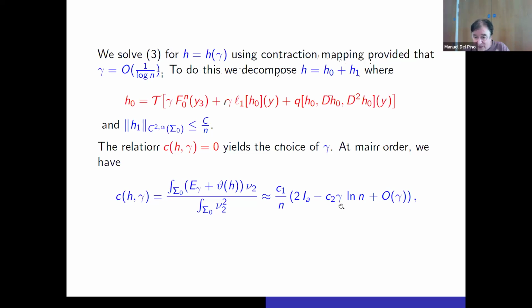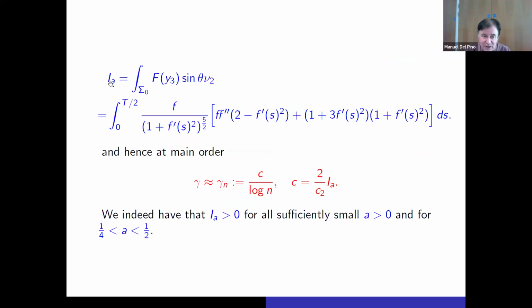Then gamma, which has to be a positive number, is computed simply as the guy annihilating this thing here. And you need that IA is positive so that gamma is positive, okay? And this is the bottom line. So here is how we made this C equal to 0. So here is the IA, okay, and the gamma in approximate form.